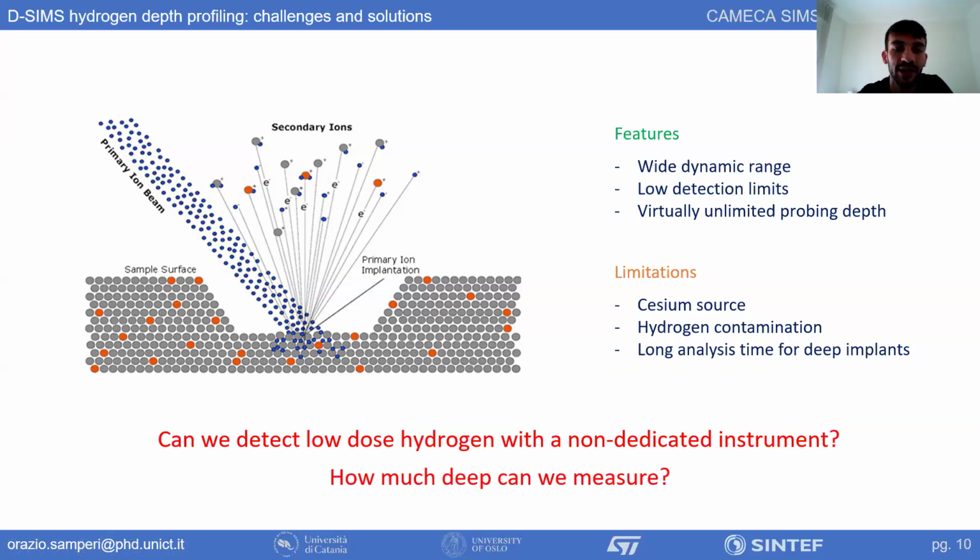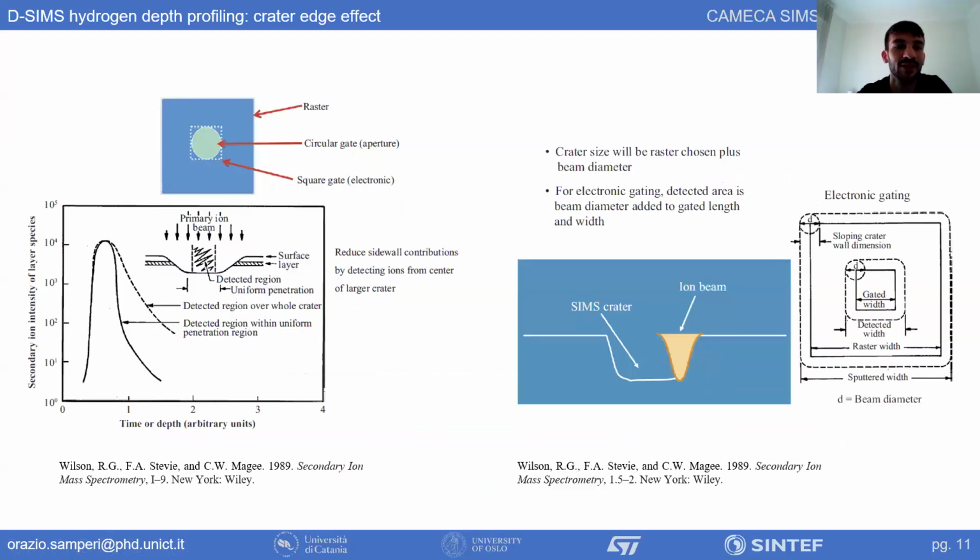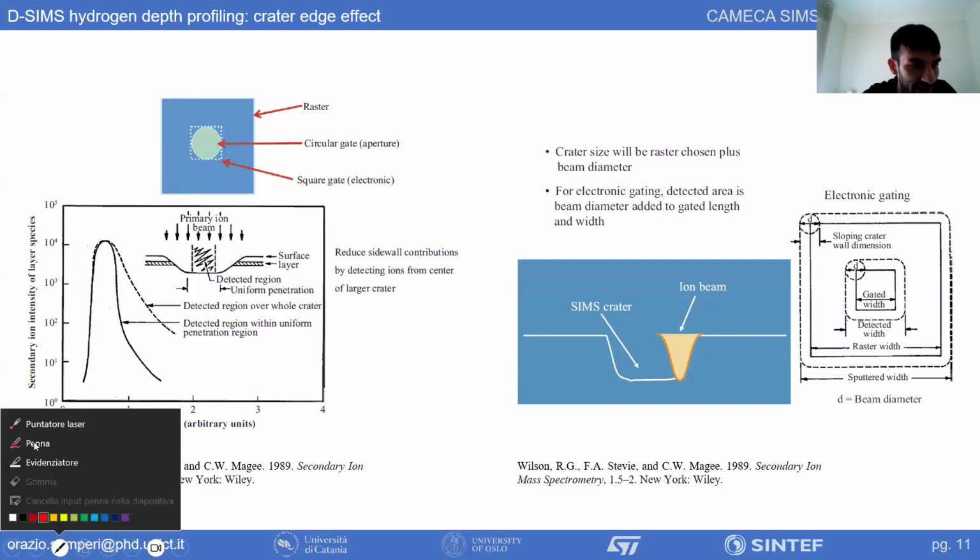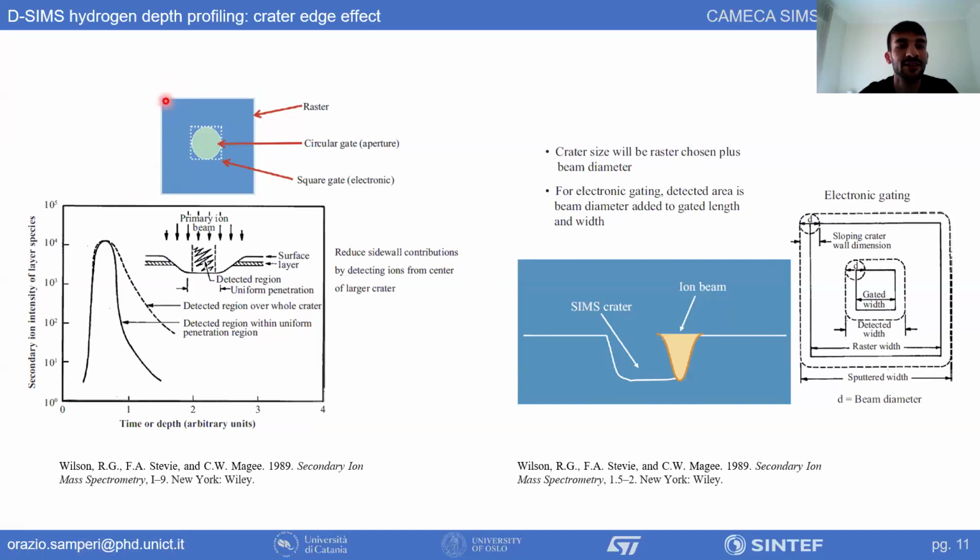These two questions are related to two really famous issues of dynamic SIMS. The first, I think you know, is what is called the depth profiling issue. When you perform a dynamic SIMS measurement, you raster the beam over a given area.